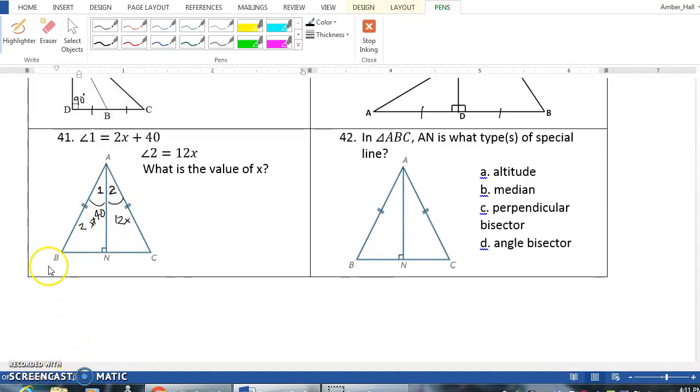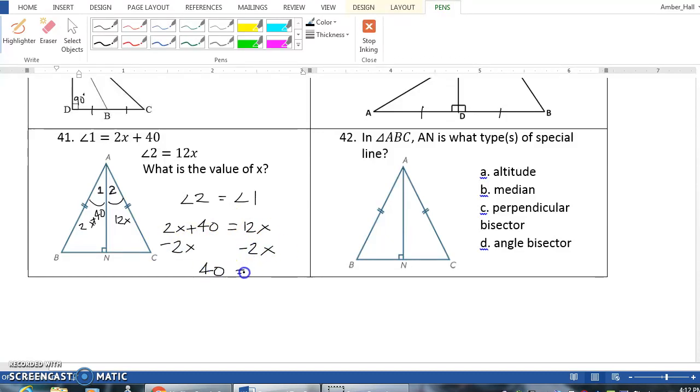And we also know that they're the same as angle bisectors. Therefore, angle 1 has to be equal to angle 2. So I know that 2x plus 40 equals 12x, and I can solve for x. So minus 2x from both sides, 40 equals 10x, divided by 10, and 4 equals x.